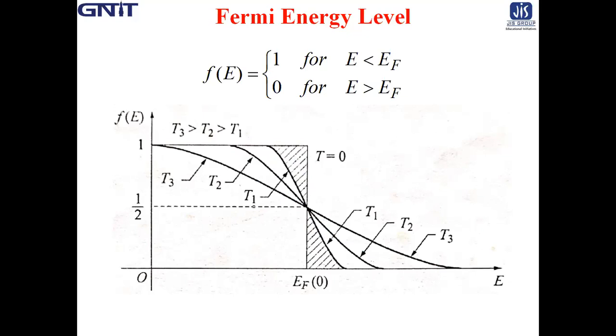Assuming that the Fermi energy is independent of temperature, at T greater than 0 K the thermally excited electrons can jump from filled levels below EF to empty levels above EF.